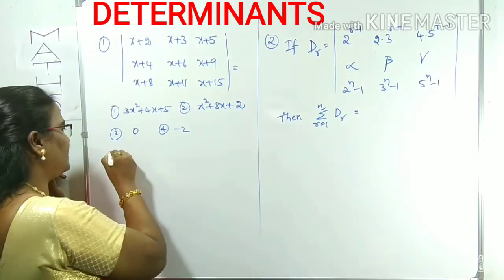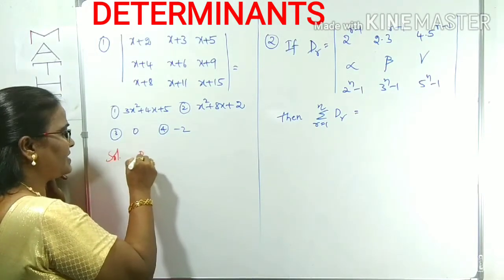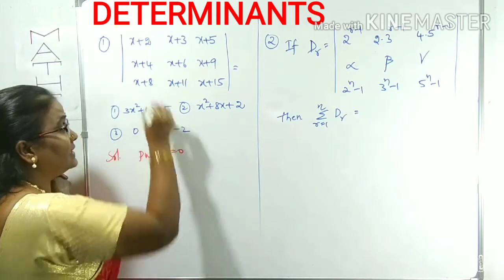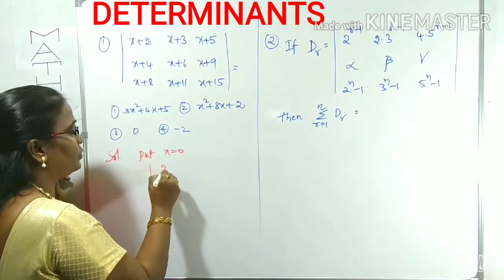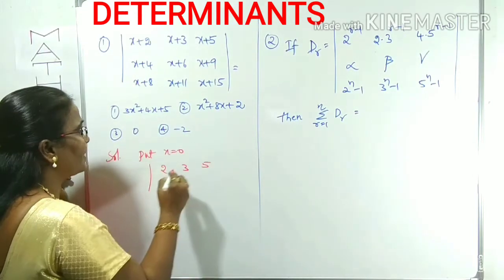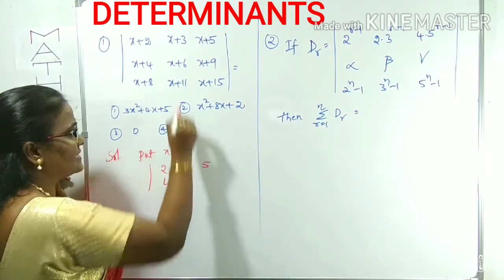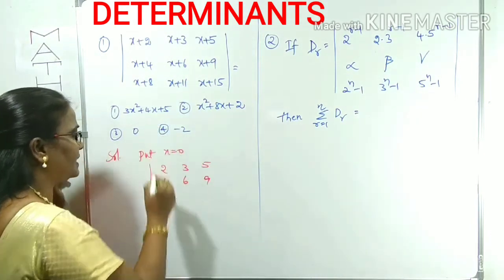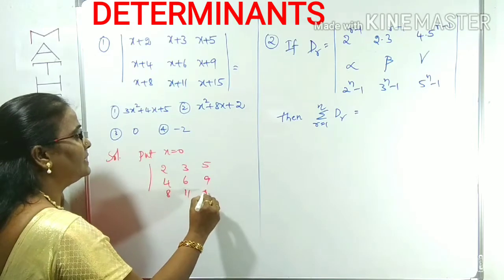So simply by taking x is 0, what happened? Put x is 0 in the determinant, that becomes the determinant of 2, 3, 5; 4, 6, 9; 8, 11, 15.